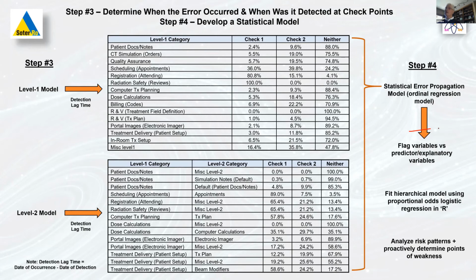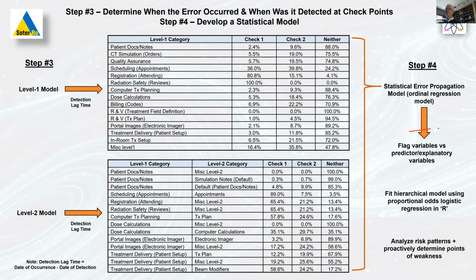So what is a statistical error propagation model? In statistics, it's an ordinal regression model. What that means is it's a type of regression analysis used for predicting an ordinal variable, such as a variable whose value exists on an arbitrary scale where only the relative ordering between the different values is significant.